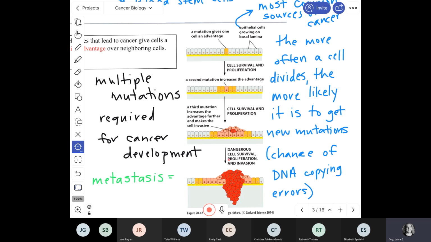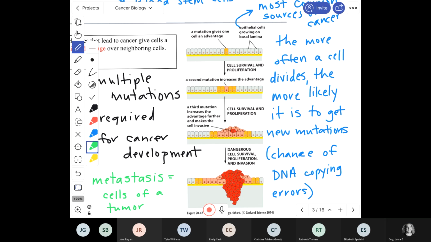So this picture, this tumor is not yet showing metastasis. It may be malignant and pushing on other tissues and harming them that way, but it's not doing metastasis yet, because metastasis is when the cells of a tumor migrate to new locations.